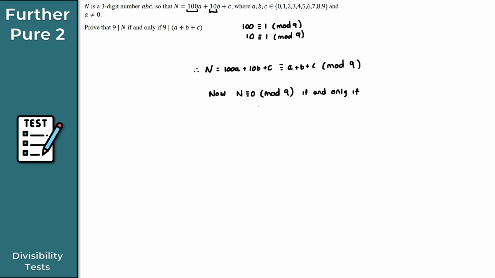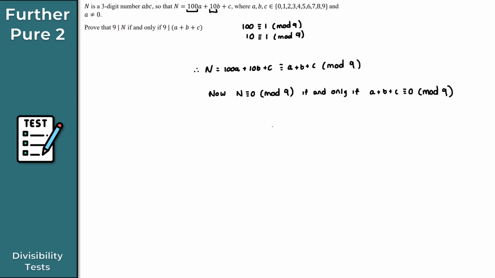So n is congruent to 0 mod 9 if and only if a plus b plus c is also congruent to 0 mod 9. Okay? So a plus b plus c is congruent to 0 mod 9.